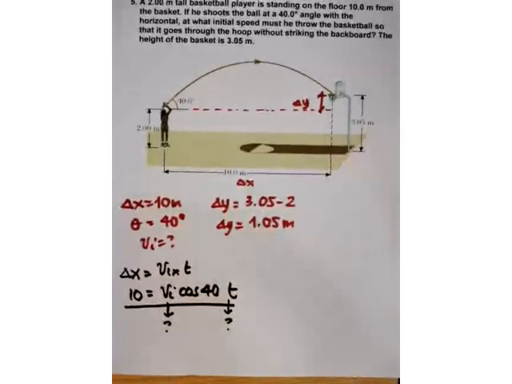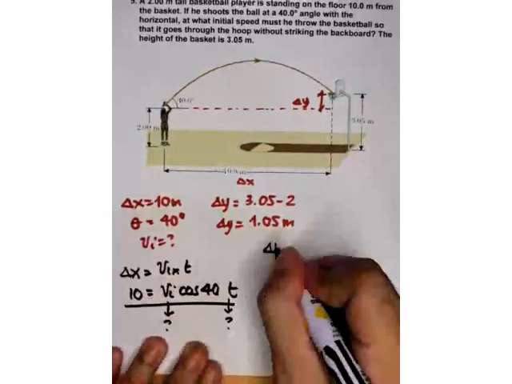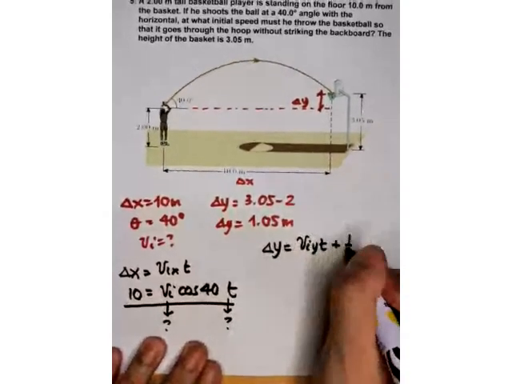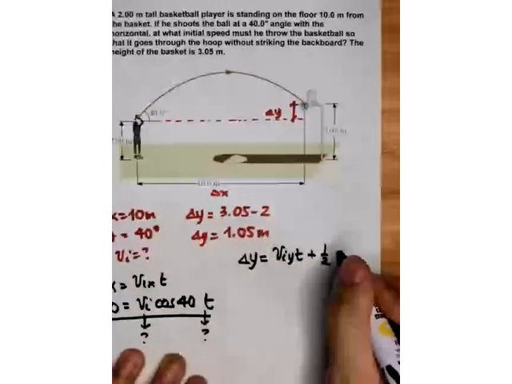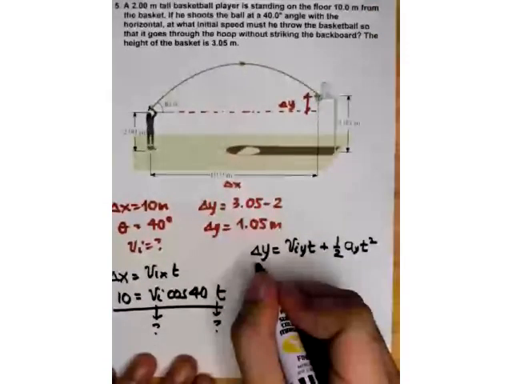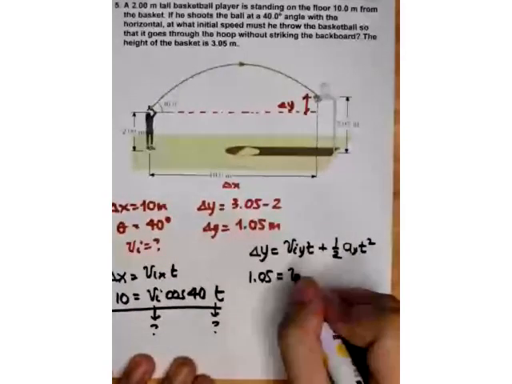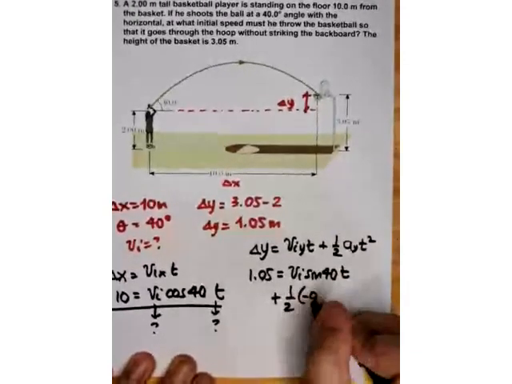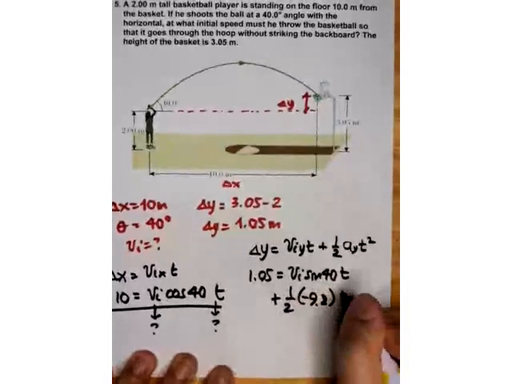Next, delta y is equal to VIy t plus 1 half ay t squared. So what's our delta y? That's 1.05 is equal to VI sine 40 times t plus 1 half times negative 9.8 t squared.